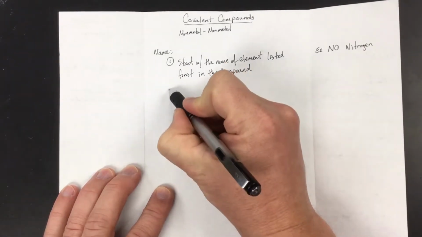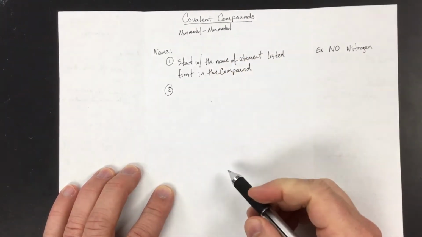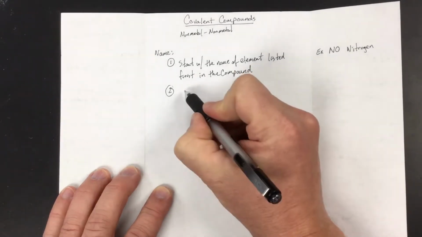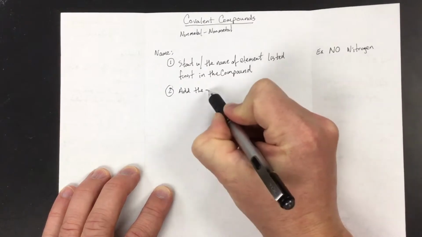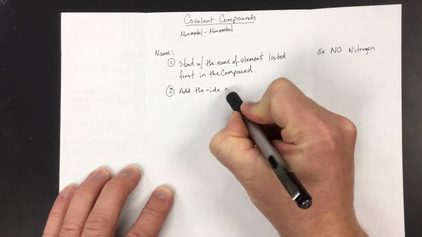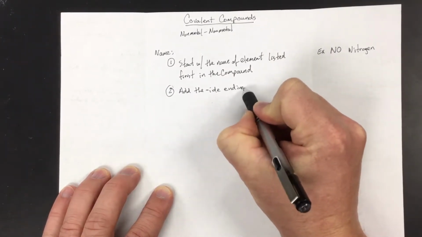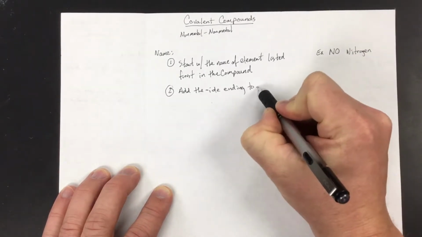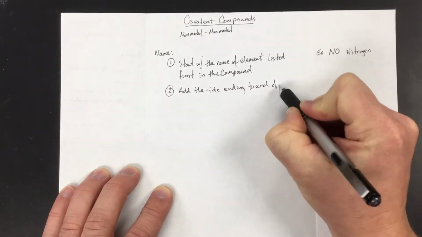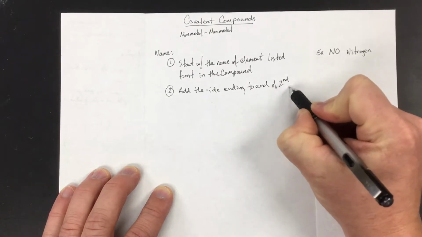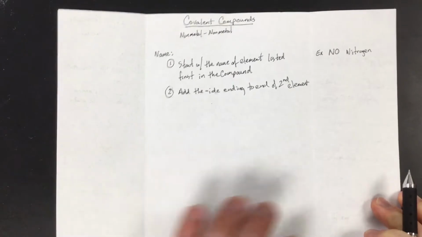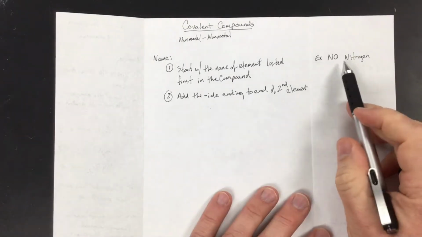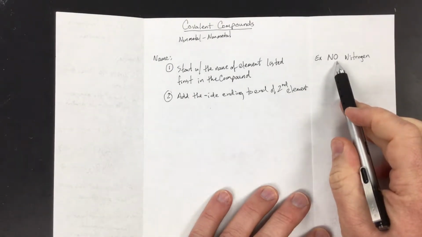Rule number two is also going to sound familiar to you. You're going to take the second element and add that IDE ending to the end of it, okay? So to continue with our example up here, oxygen here would become oxide, right?